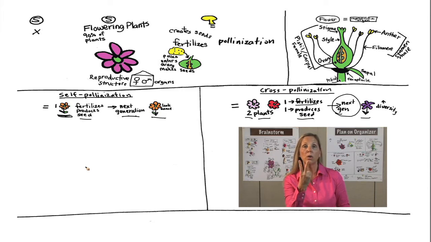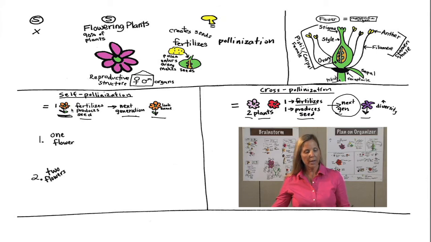Since there's two of them, I'm not going to describe, I'm going to list. And when I list, do they have to be in order or not? They don't have to be in order. So we recorded it on our organizer, 1, 2, so we made a list, and we labeled it quickly, 1 flower, 2 flowers. Next, we need to expand on that. Because it's list and draw, do I need to describe this?